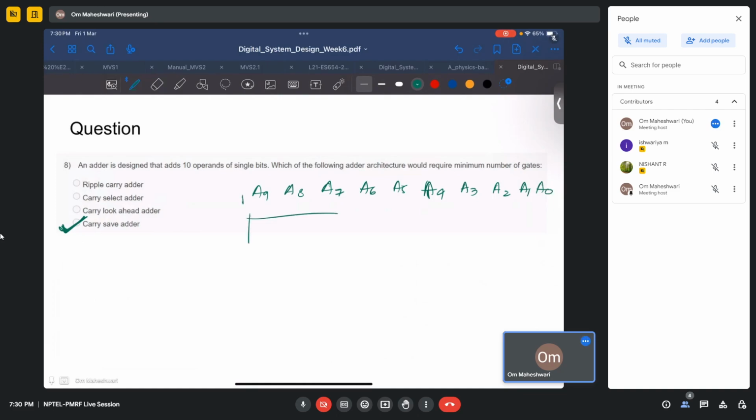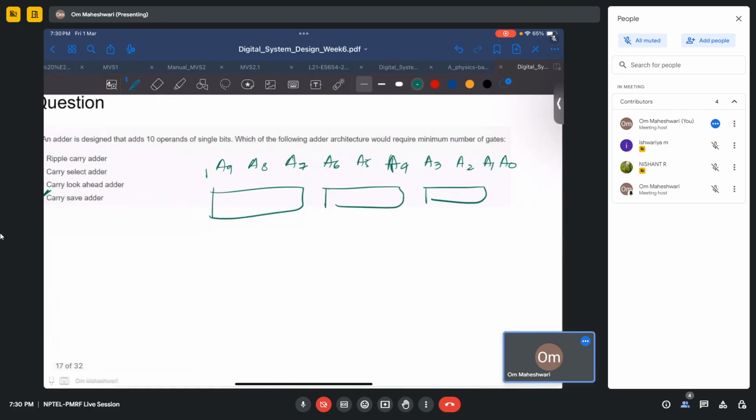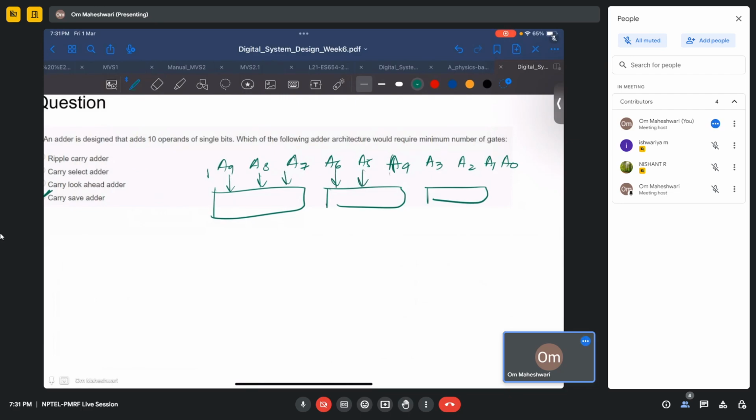Let us take this is one full adder, this is another full adder, this is another full adder. Then you keep on passing this. So this is again we write 2 to the power 0 is this one. Give 2 to the power 0 and 2 to the power 1.